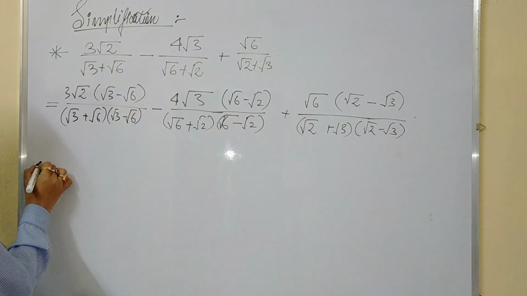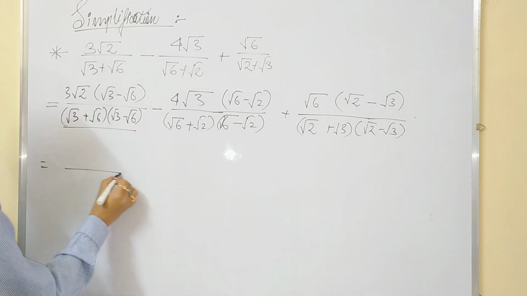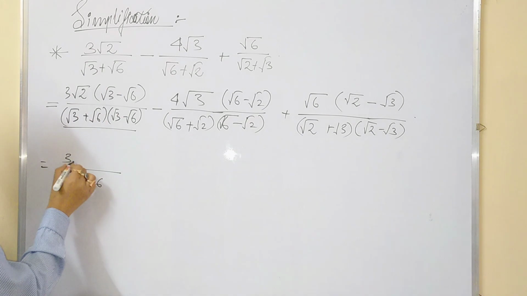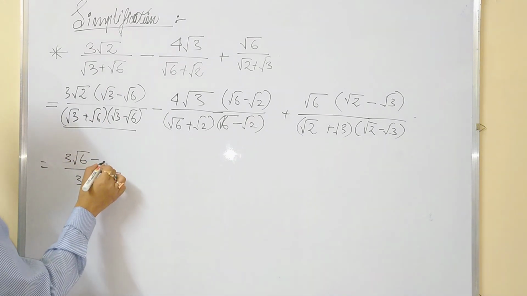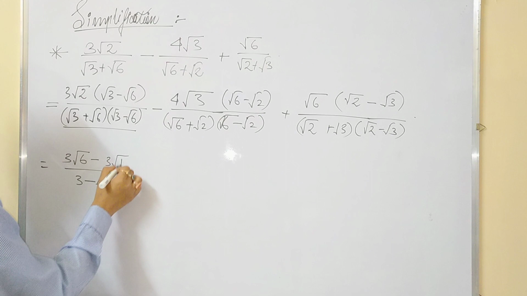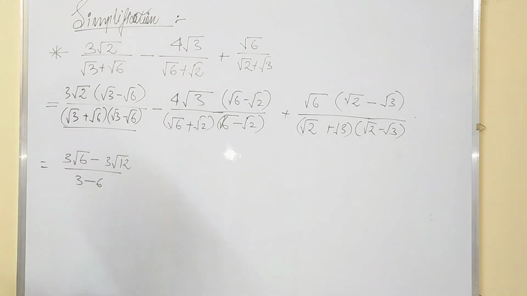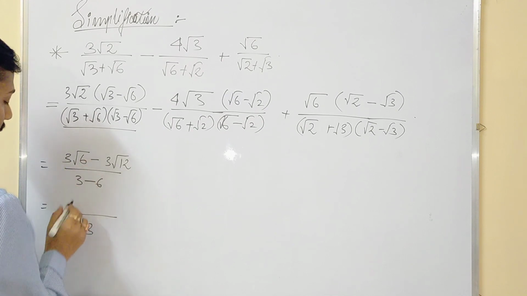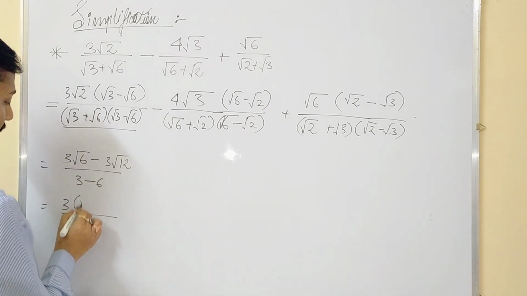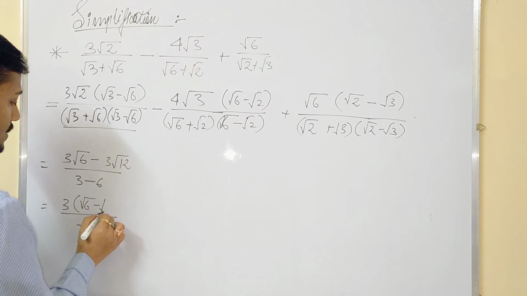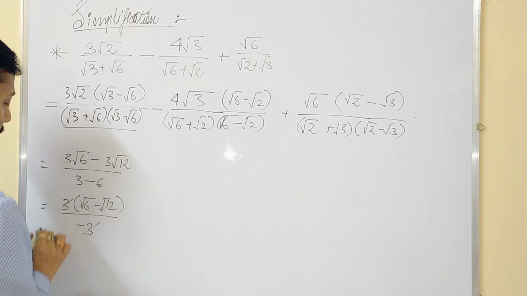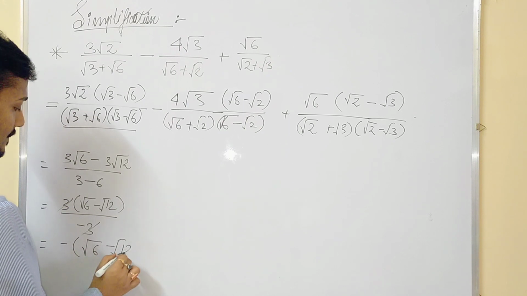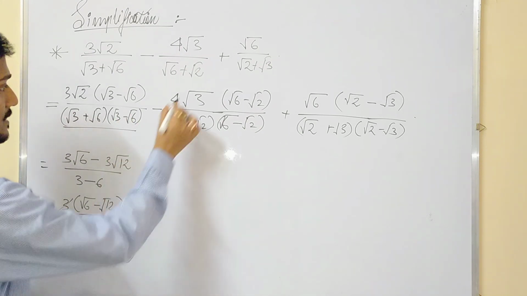So here can I write directly 3 minus 6, and this will be equal to 3 root 6 minus 3 root 12, which will be equal to minus 3. And this will be equal to how much? If we take 3 common, root 6 minus root 12. So 3 will be cancelled, minus root 6 minus root 12. This part we have solved. Next this part.